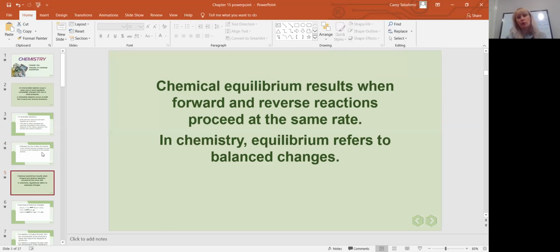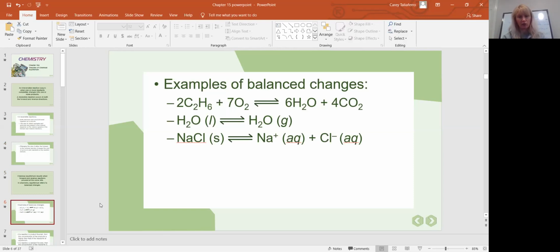So when you reach equilibrium, what that means is that the forward reaction and the reverse reaction are proceeding at the same rate. And in chemistry, when we talk about equilibrium, we're talking about changes that are in balance. The back and forth rates are the same. So how does this look? Look at what we're doing now. We're introducing this idea of the double arrow, whereas up until this point, you've just had the arrow pointing toward the products.